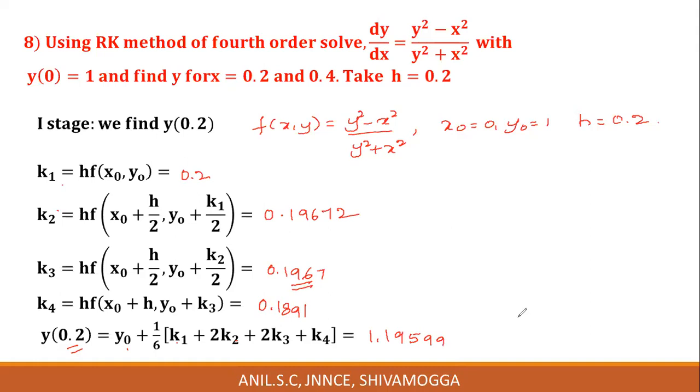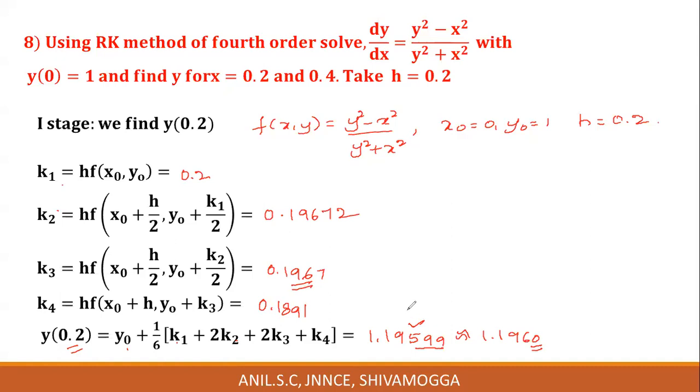This can be approximated to 1.1960. 599 can be approximated to 60. Or you can keep it like this, 1.1959, that's enough.